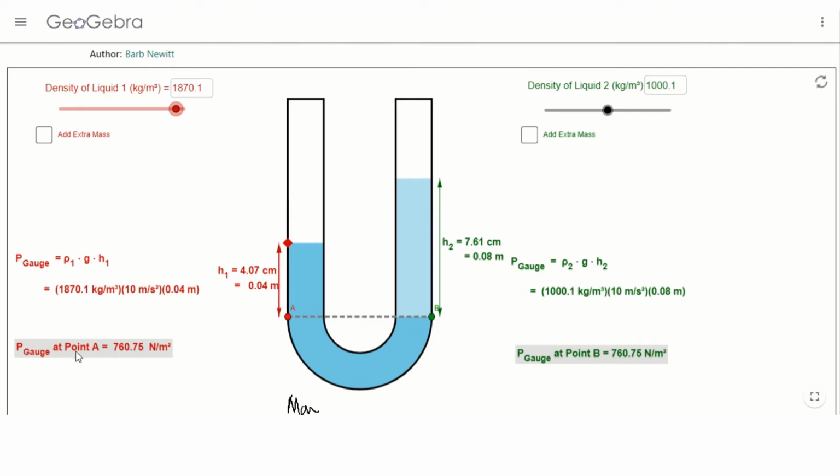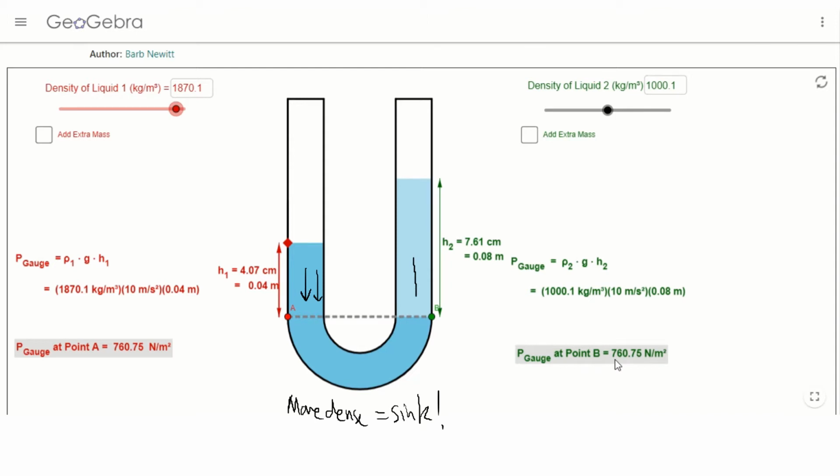So the pressure gauge at point A, at this point, there's going to be this much, 760, pressure pressing at this point. Now at the bottom here is all the same liquid, so usually we can just choose a point where the liquid is different. So on the right side, here, the pressure here is going to be all this liquid on top pressing on there.